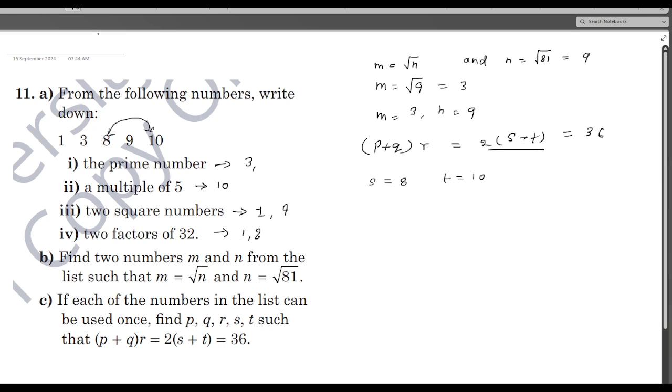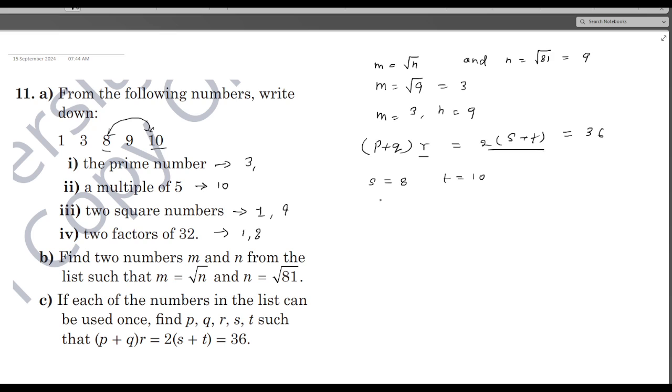Okay, so s and t we found out. Now let us concentrate on this p, q and r. So definitely r should be a factor of 36. Now 8 and 10 we have already used. So the factors of 36 will be 1, 3 or 9. All three are factors. If I take r as 9, then p plus q should be equal to 4, where 1 plus 3 will help me in that.